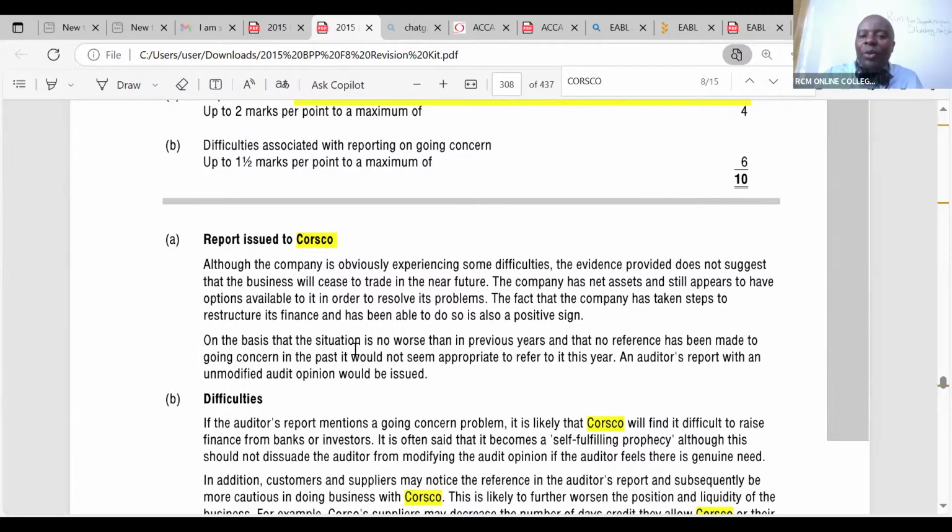On the basis that the situation is no worse than previous years and that no reference has been made to going concern in the past, it would not seem appropriate to refer to it this year, despite them mentioning up there that there are a few issues. But you see, those issues have been resolved. An auditor's report with a modified audit opinion would be issued.